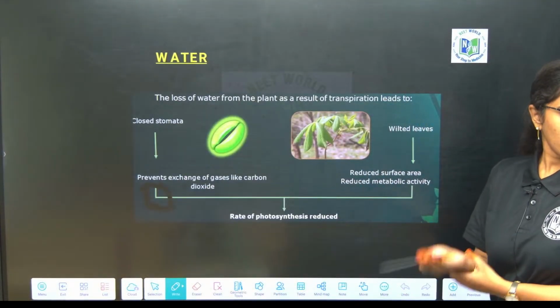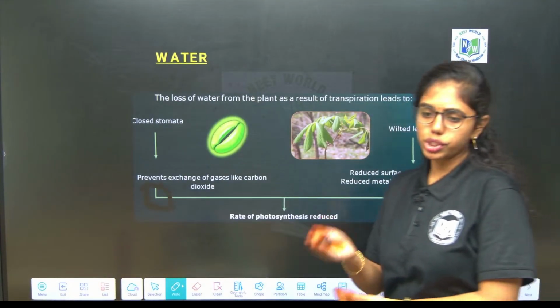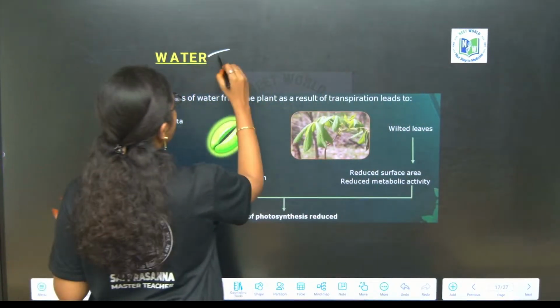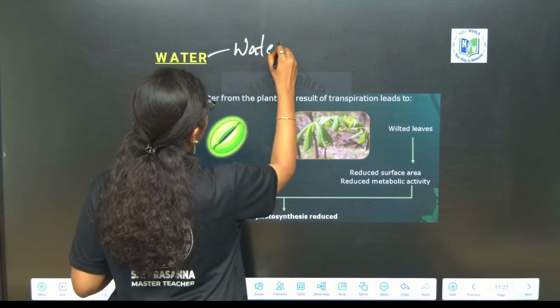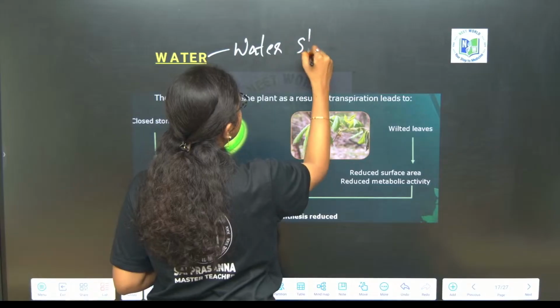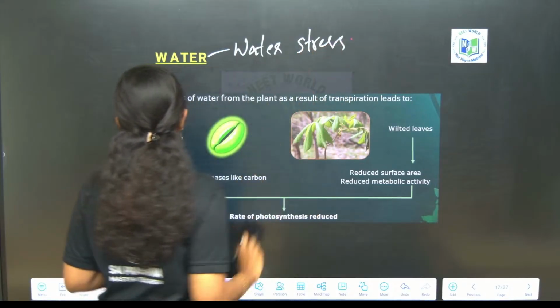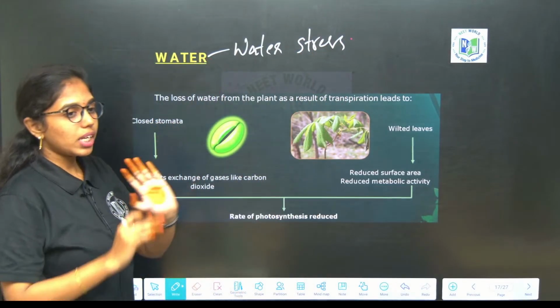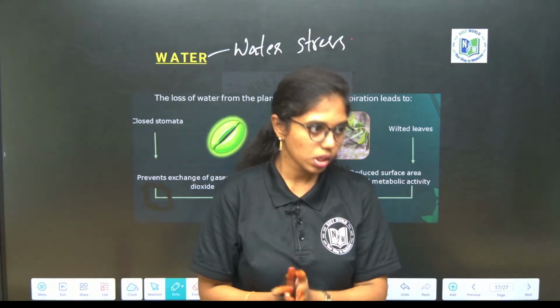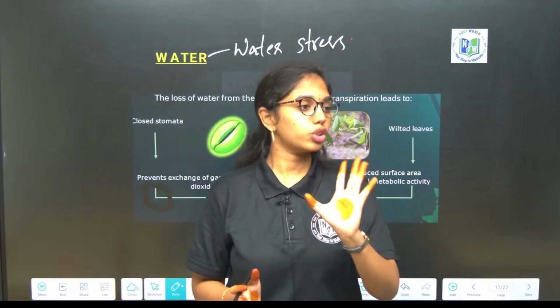Water is one more external factor affecting the process of photosynthesis. You can consider it as water stress, which leads to both turgid and flaccid conditions. Any time there is stress from the external environment, what do we do? We just shut the doors. The doors of a plant are what? Stomata.